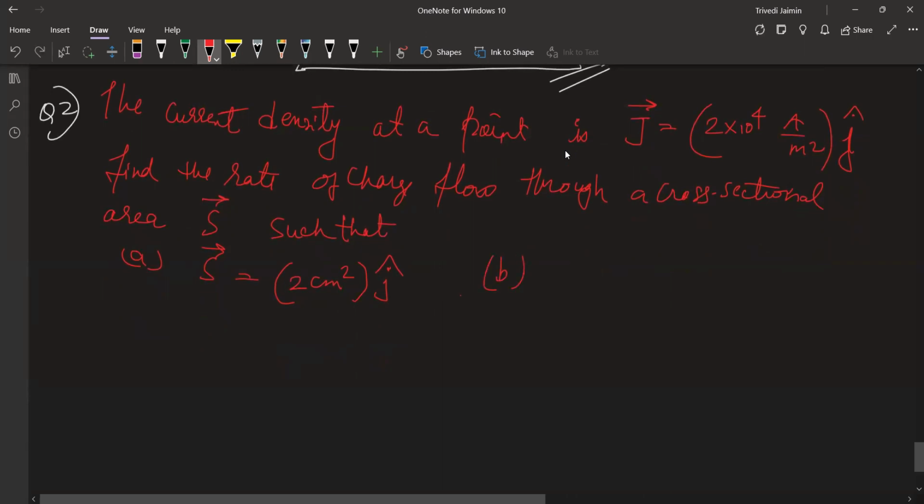B: S equals 4 centimeter square. Oh, not J, I cap. S equals 2I plus 3J centimeter square.